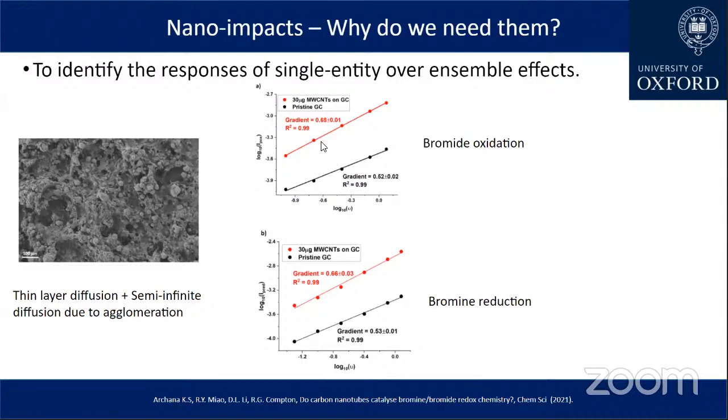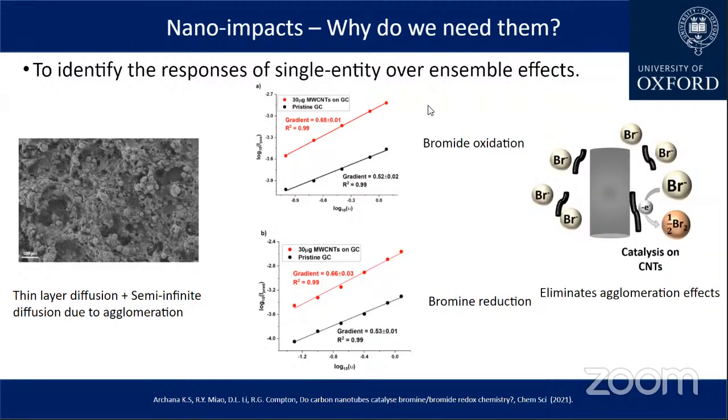And if the gradient value is 1, then it's purely thin layer diffusion. Any value between 0.5 and 1 suggests that there is mixed mass transport happening. And here, as you can see, the drop-cast electrode shows almost a 0.7 gradient, which suggests that there is mixed mass transport happening.